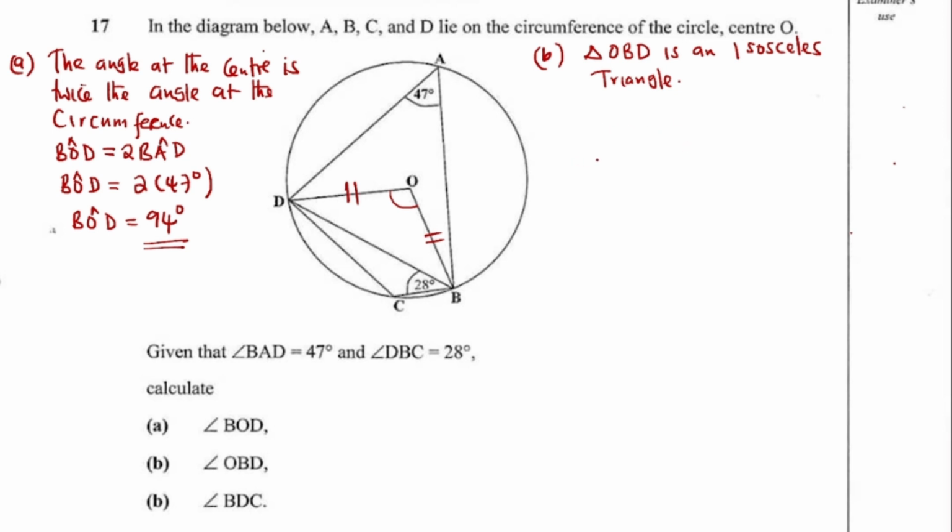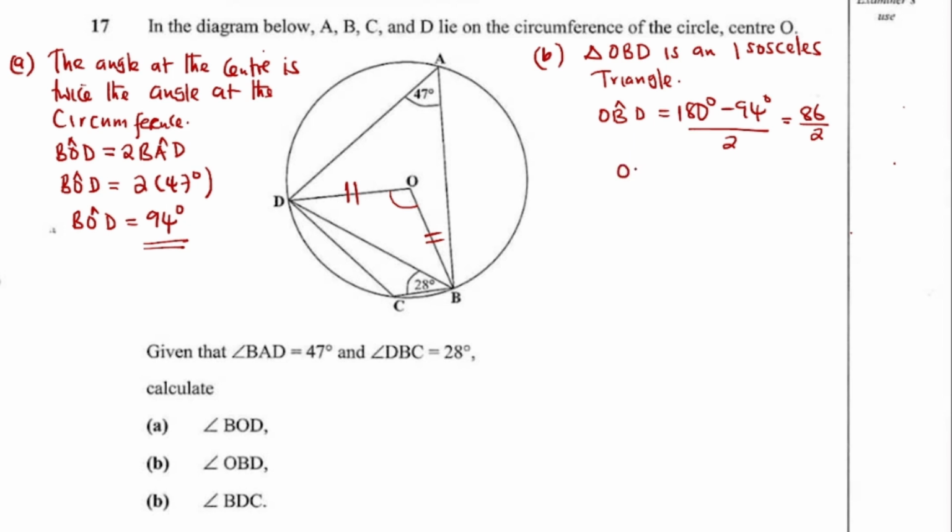Okay, so now that at O there I've got 94, therefore we can say that angle OBD equals 180 degrees minus 94 divided by 2. That is going to give us 86 divided by 2.